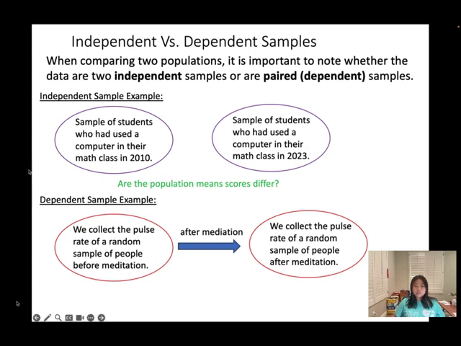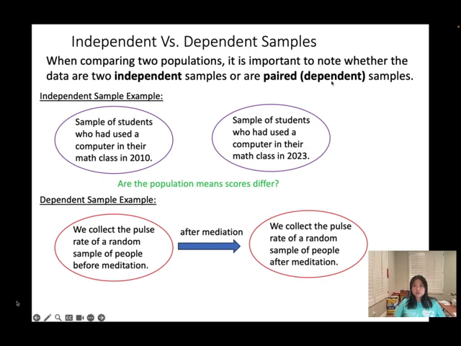And then we have two samples, a sample of the pulse rate before the meditation and a sample after the meditation. This is called paired samples because each value in one sample can be paired with the value from the same person in the other sample. And these pairs we call matched pairs.